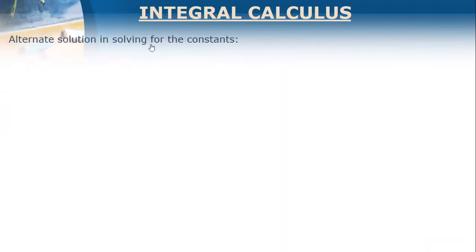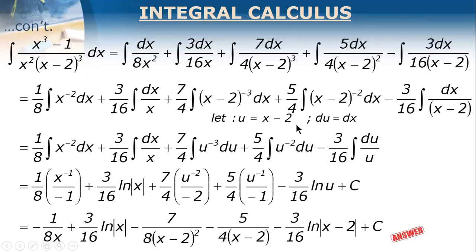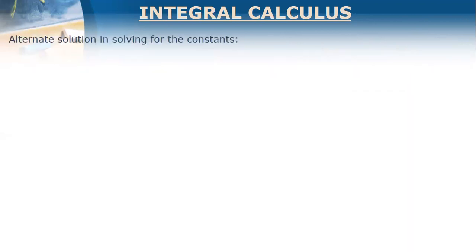Now, there's an alternate solution in solving for the constants. A constant lang. Okay. Instead of substituting values of x, x equal to 1, x equal to 2, negative 2, negative 1, there's an alternate solution.